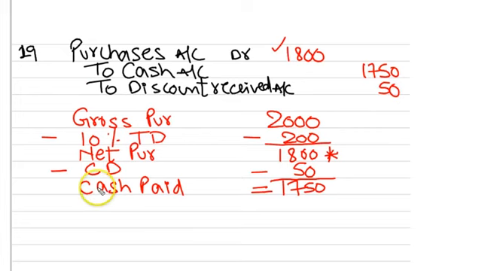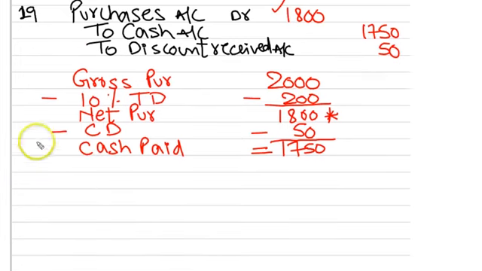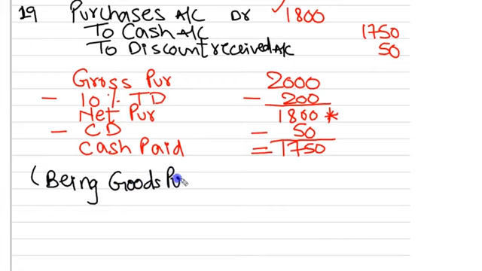I will write below the entry: Being goods purchased at the rate of 10% trade discount and 50 cash discount.